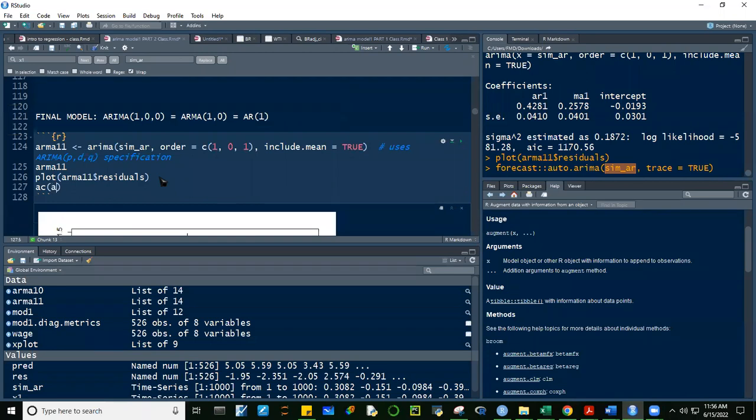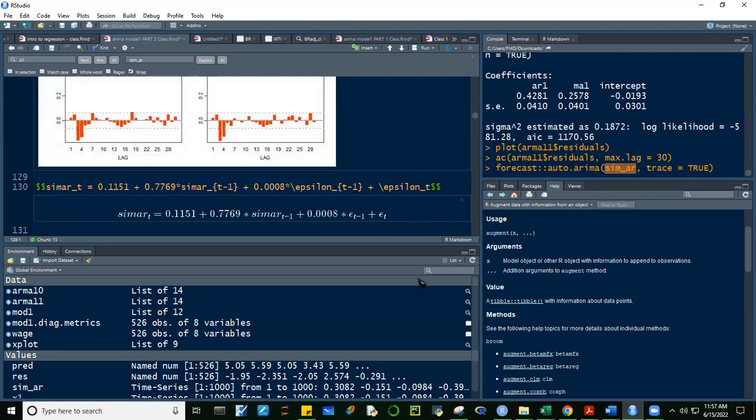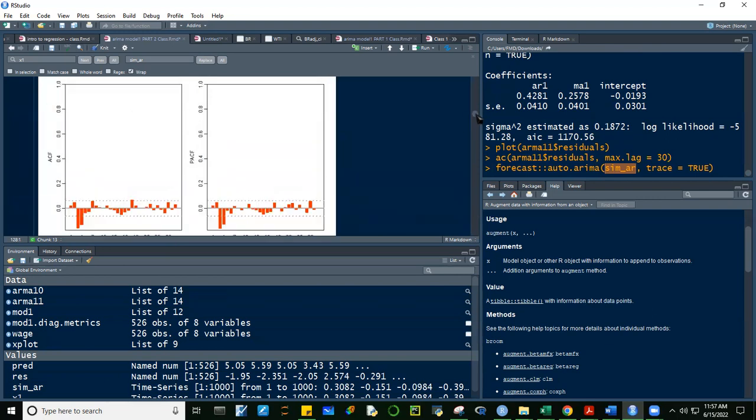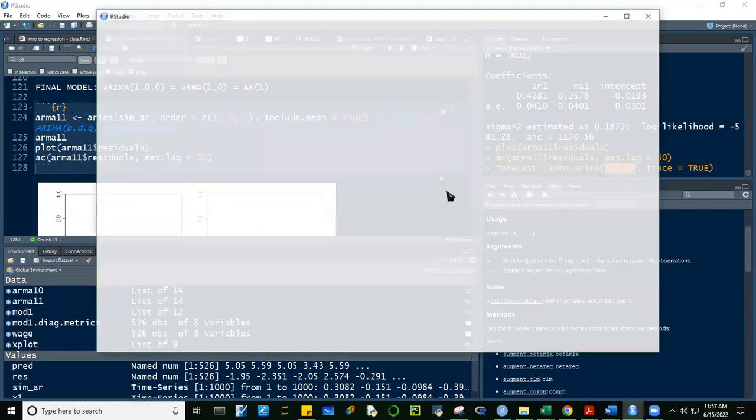Yun ang residuals natin, and then let's use the ACF function. ACF ARIMA 1-1, and then yung residuals ulit, and then max lag natin 30. Okay, let's see this. Take a look at our correlogram.